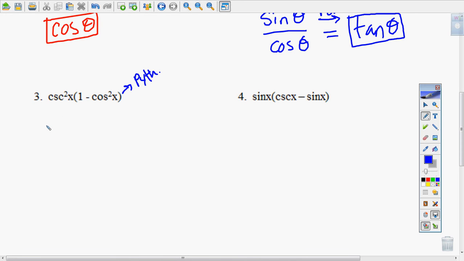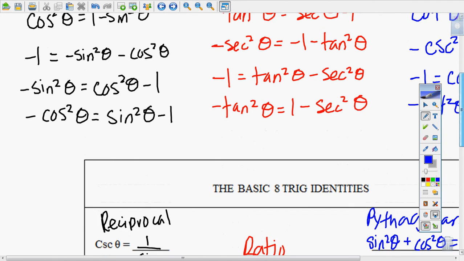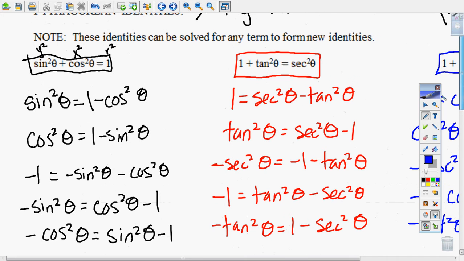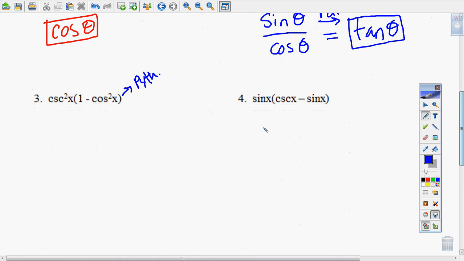If I go back and look at my rules, I know its parent is sine squared theta plus cosine squared theta equals 1. Well, if I'm just looking for 1 minus cosine squared, what does that equal? Sine squared theta.